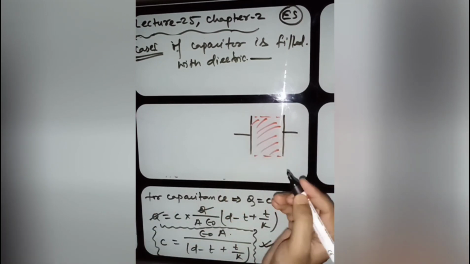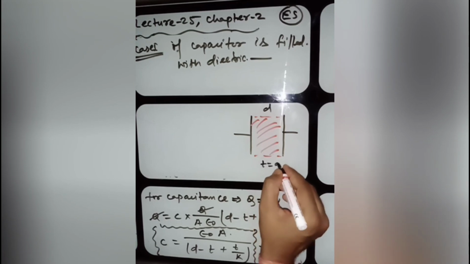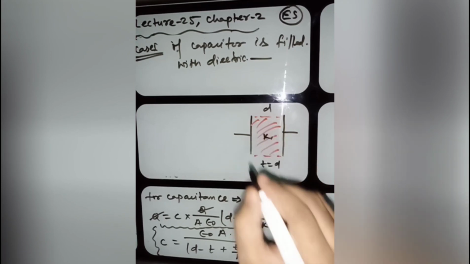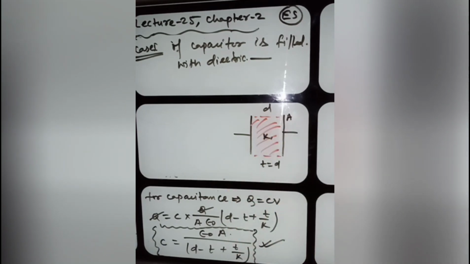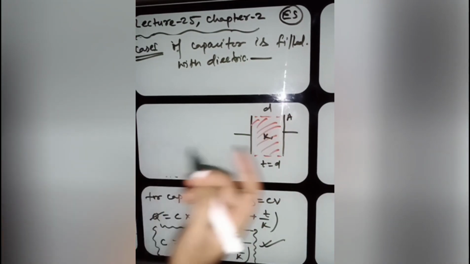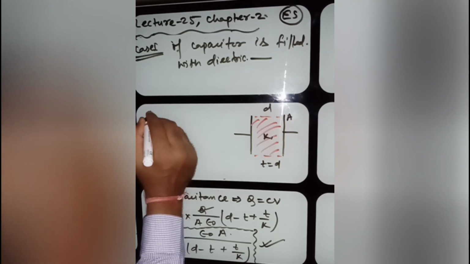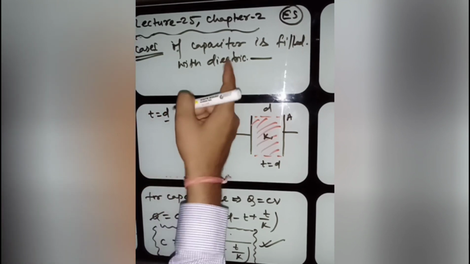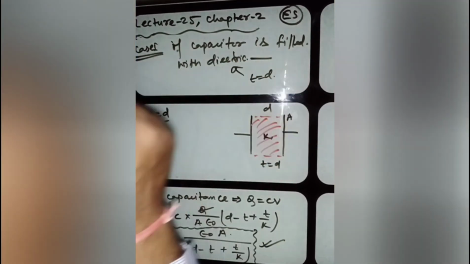So in this case, the separation is D, dielectric constant K, plate area A, and T will be equal to how much? T equals D. This case is giving you the condition T equals D.